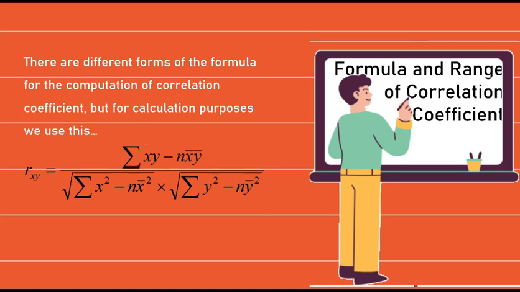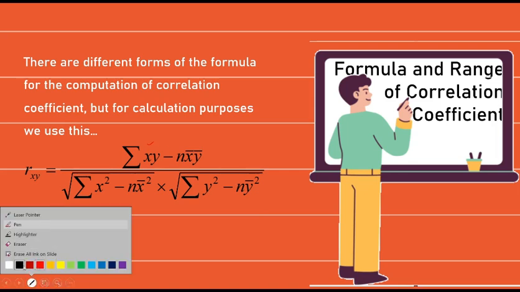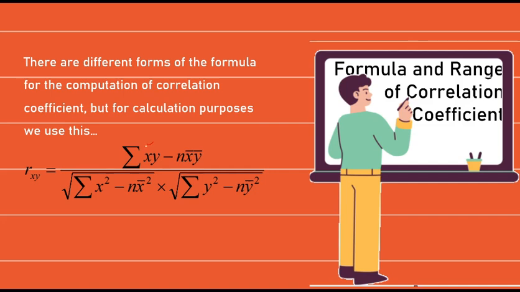So we have the product of xy: if I have the variable x, some values of x, and the variable y, I find x into y, and then take the sum of this. I also take x bar and y bar, where x bar equals summation xi by n and y bar equals summation yi by n. Then the denominator has summation x square minus n x bar square, and summation y square minus n y bar square. Here I replace the values, compute, and get the result.